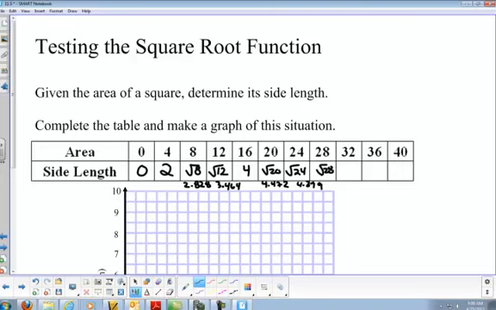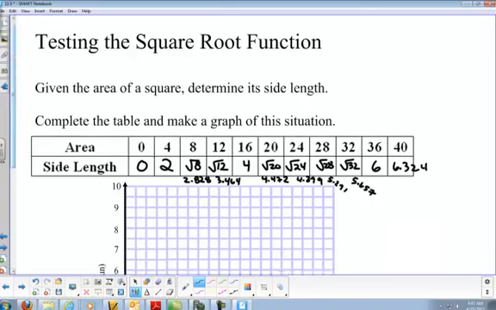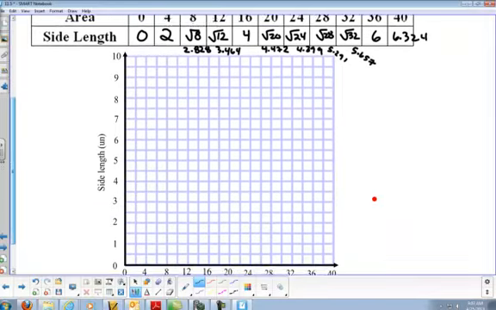The square root of 28 is 5.291. The square root of 32 is 5.657. Square root of 36 is 6. And the square root of 40 is 6.324.